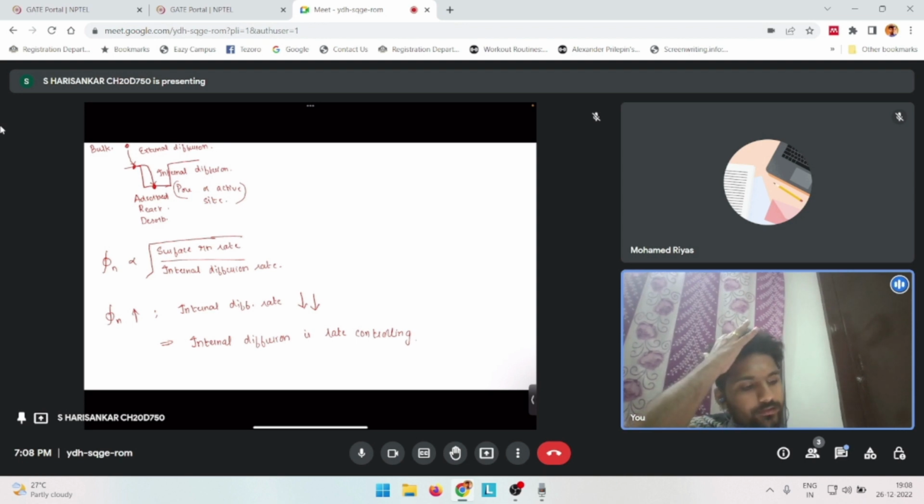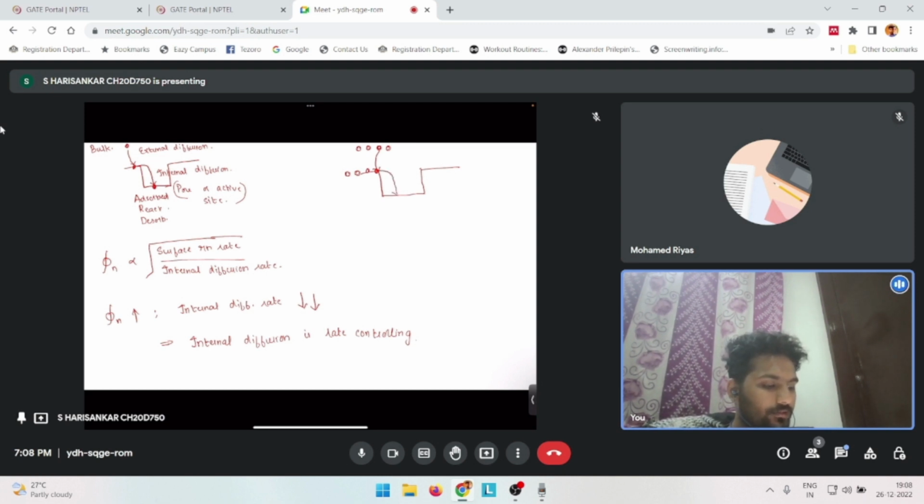Right. So here your particle externally diffuses to the surface. Let's say you have multiple particles. These particles will first diffuse to the external surface, and then from here they have to diffuse internally to the catalyst activation site. And this step, this internal diffusion, is very slow.